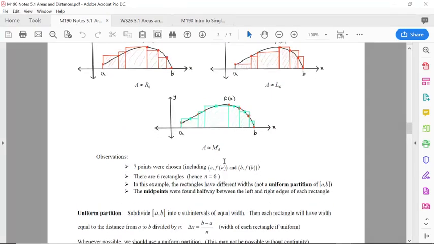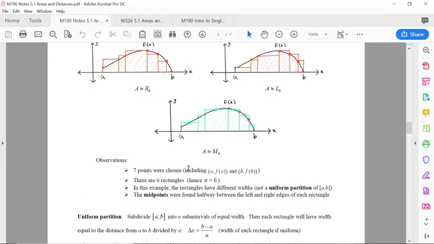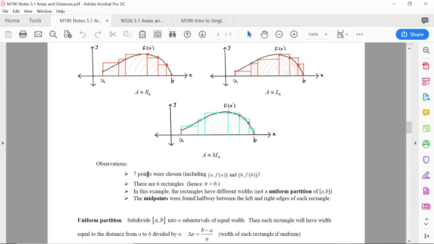Okay, so in total here, in order to create 6 subintervals of the main interval a to b, in each of these cases there were originally 7 points that were selected. Not all 7 points were used for construction of those rectangles, but there were 7 points selected along the curve, starting with this point right here at A, and ending with this point right here at B. So I have 1, 2, 3, 4, 5, 6, 7. 7 points are required to create 6 subintervals.